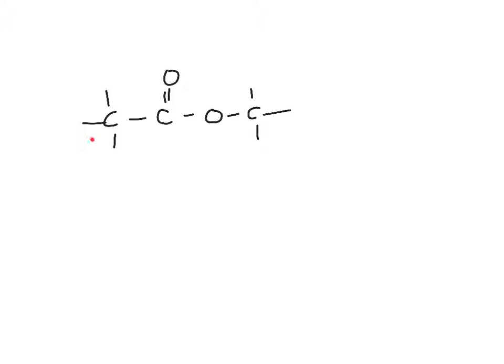So what I want you to do is you're going to highlight this part here. This part comes from your acid. And this part, with the single bonded O, comes from your alcohol.